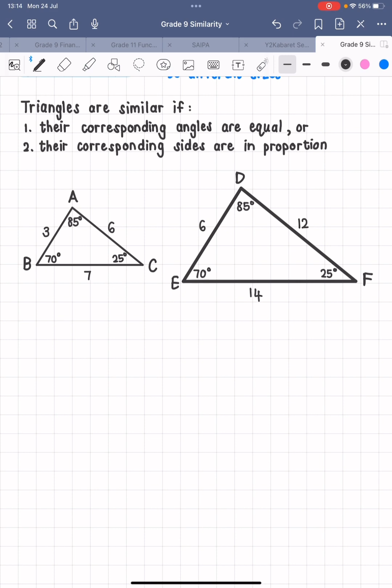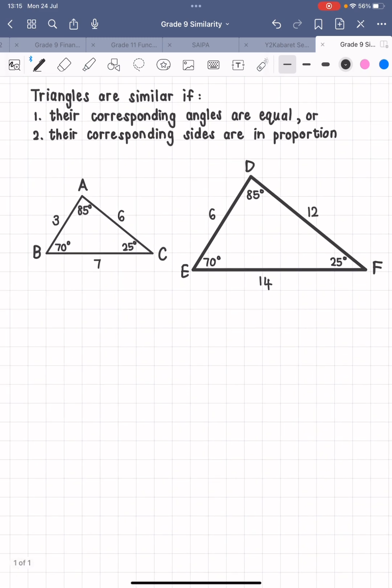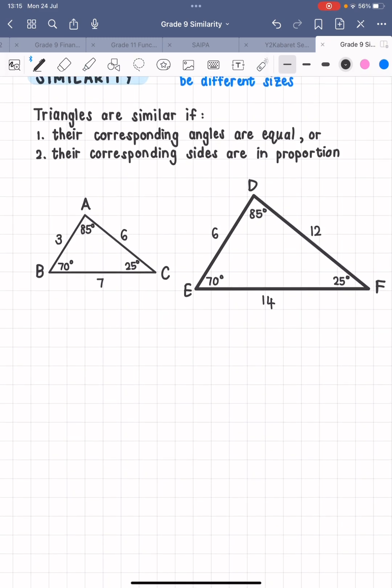So guys, I'm hoping that you can tell that with these two triangles, we have the same 3 angles. Now, when we wrote at the top, their corresponding angles are equal, please don't get confused. I'm not talking about corresponding angles in the sense of the F shape.